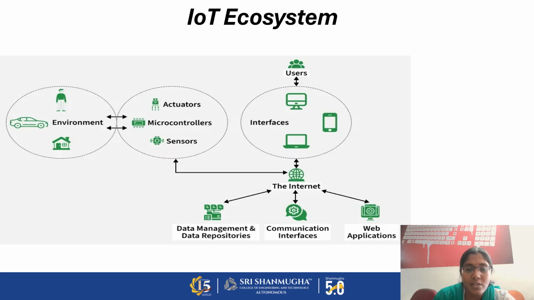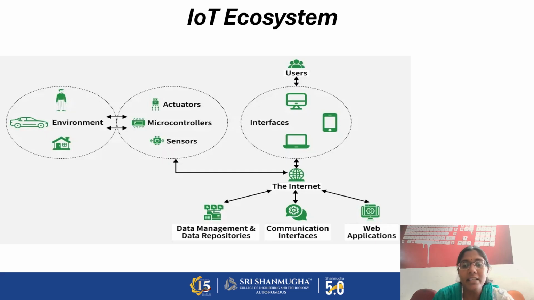Okay, the next one is data management and data repositories. All these things can be connected to the internet. The data repository means the data can be stored here, right? That data management should be connected with the internet, and it can be communication interfaces, or web applications.